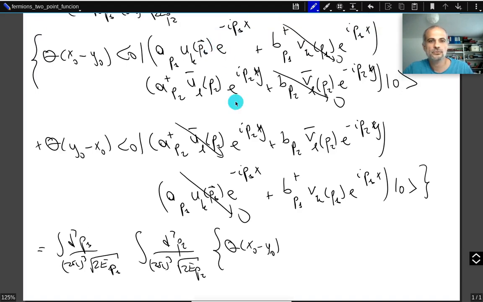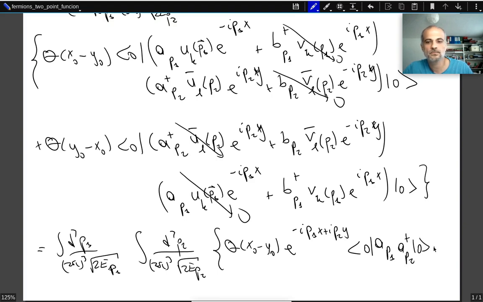Well, I have these two terms, so that they give us e to the power minus i p1 x plus i p2 y. Vacuum, a of p1, a of p2 dagger, vacuum, u of k p1, u bar of l p2.